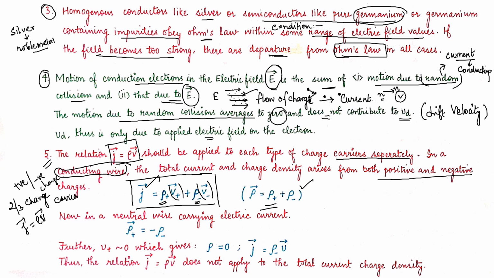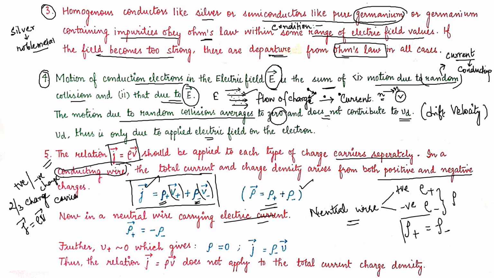Now, in a neutral wire carrying electric current, there is no positive end and no negative end. So overall there is no rho plus and rho minus. This will give us an overall rho, because rho plus is equal to the negative of rho minus. Okay, so this is rho.